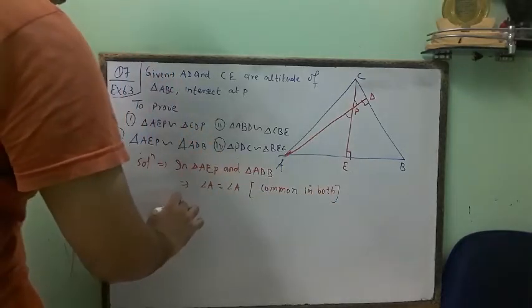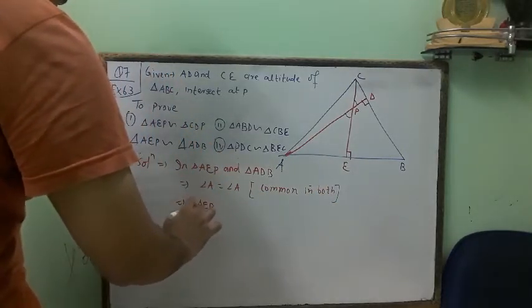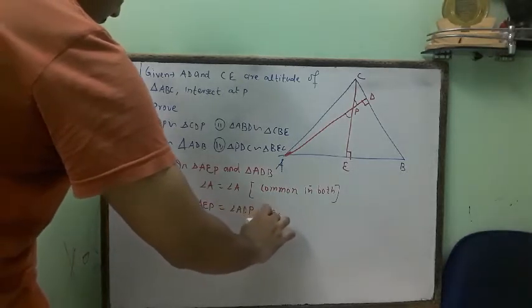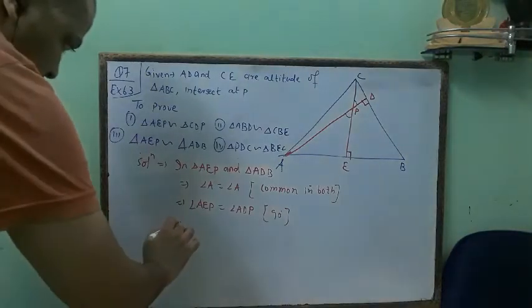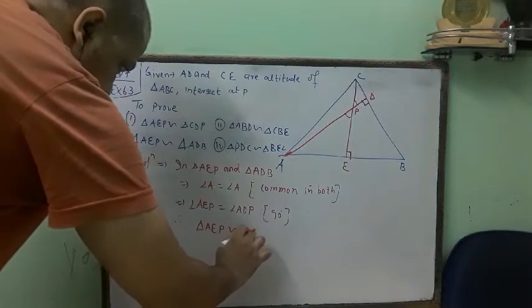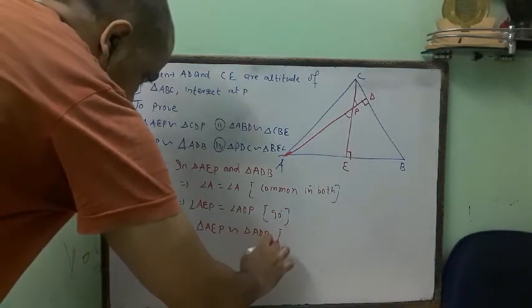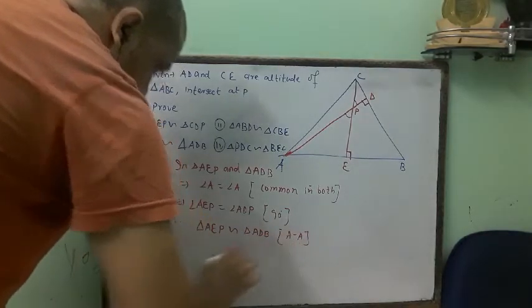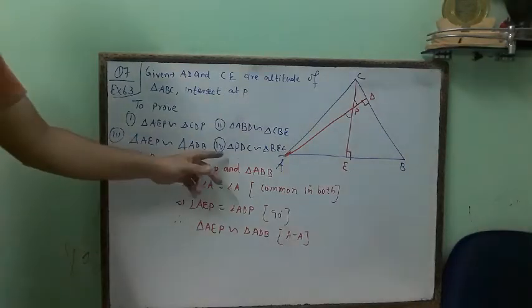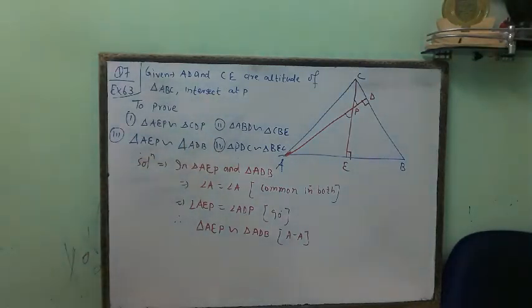The second one is angle AEP is equal to angle ADB, that is equal to 90 degrees. Therefore triangle AEP is similar to triangle ADB. The criterion will be AA. This is the third triangle. I hope now you are able to understand how I will do the similarity. So I will leave the last triangle and move to the next question.